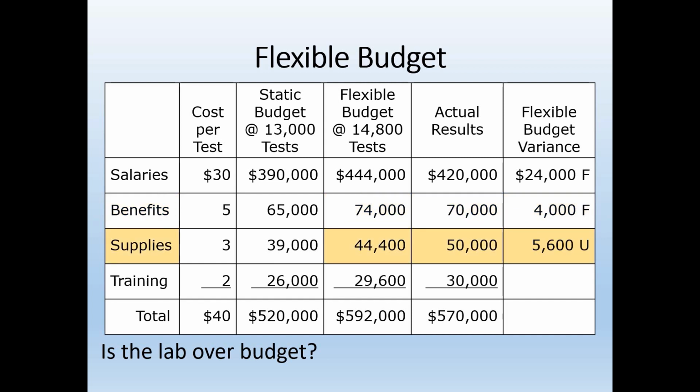When it comes to supplies, we find that the actual cost was $5,600 greater than the flexible budget amount, so we mark that unfavorable. And for training, the actual results were $400 greater than the flexible budget amount, and we mark that unfavorable.